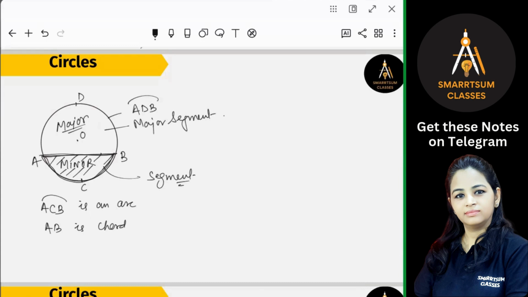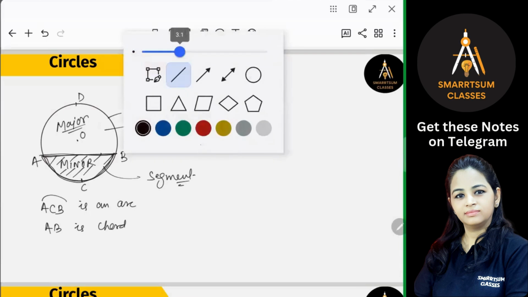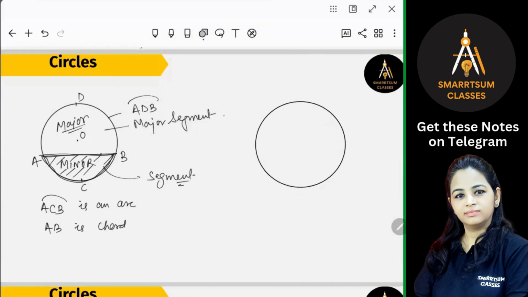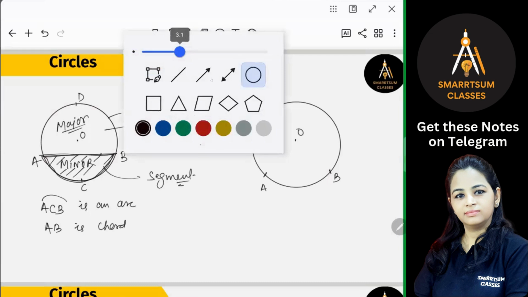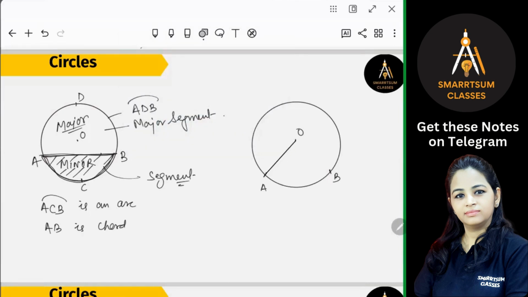Is that clear? Now, what do we mean by the sector of a circle? Suppose we have a circle with center O, and an arc AB. If we join A and B with the center O, each of OA and OB is a radius of the circle, and on this side you have the arc AB.